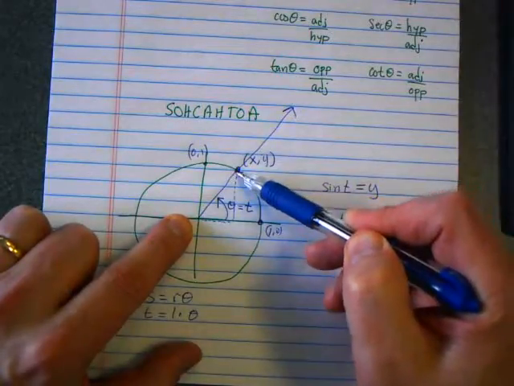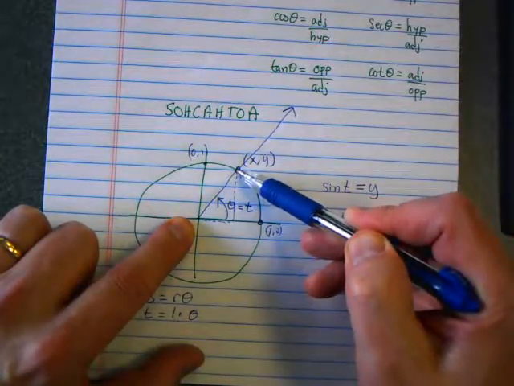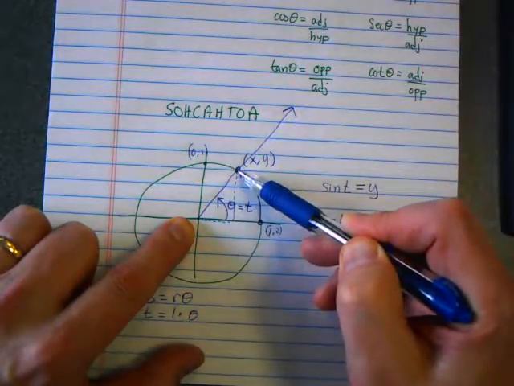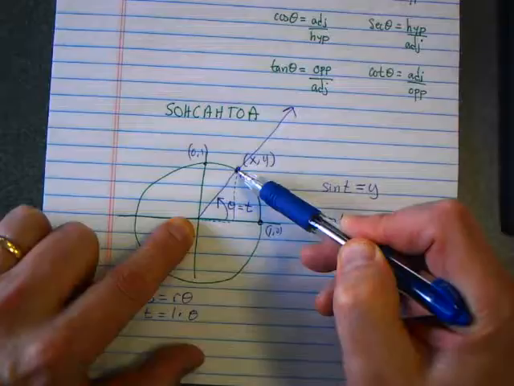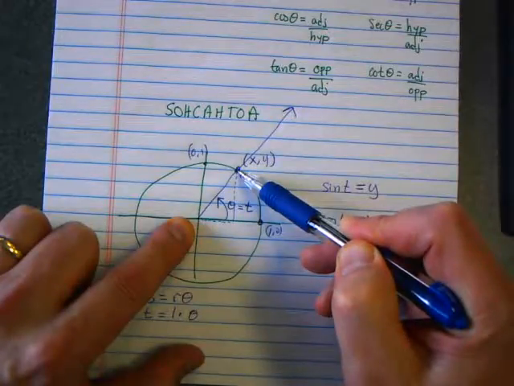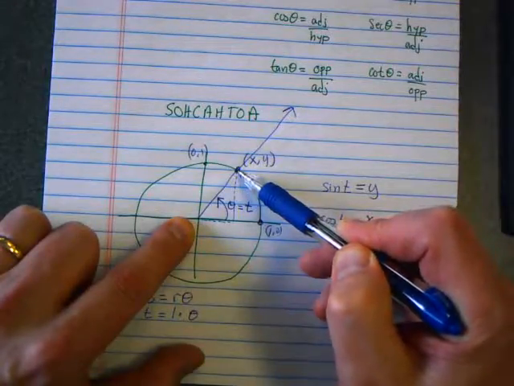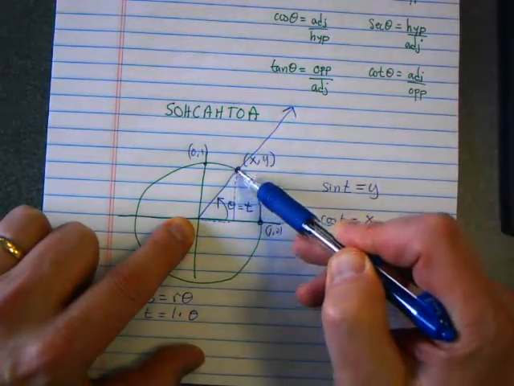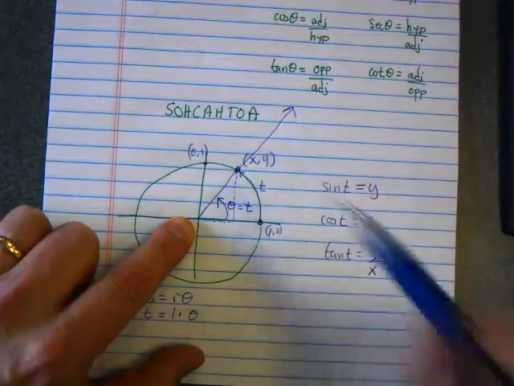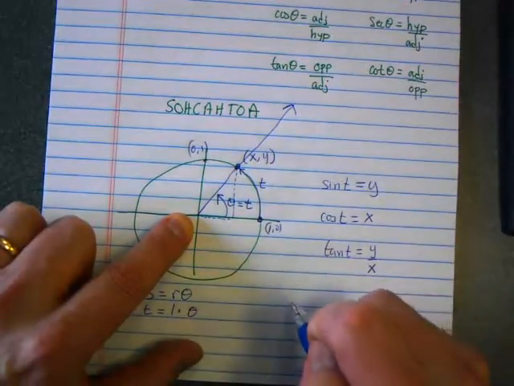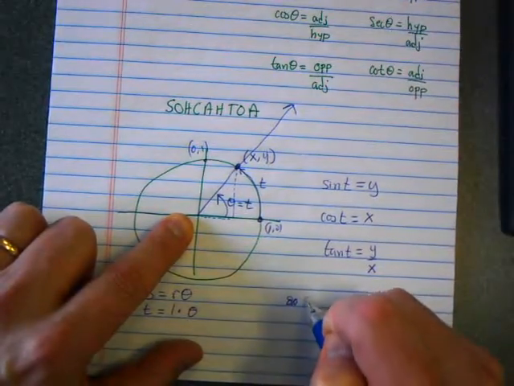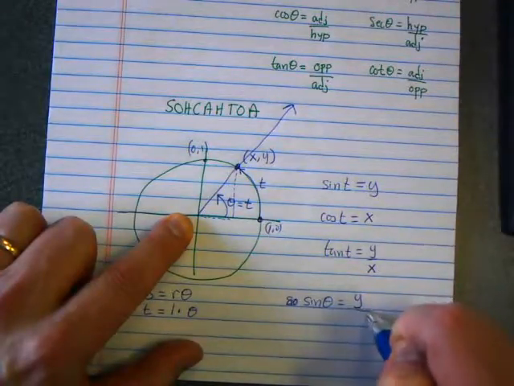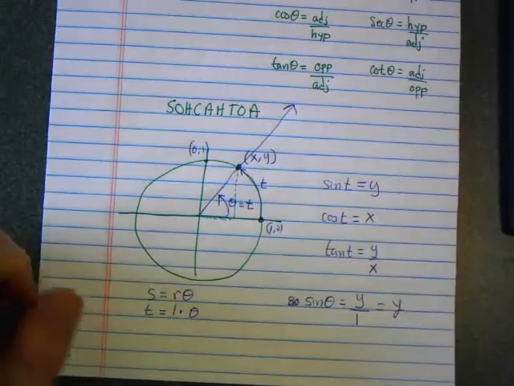And what's the hypotenuse? It's bigger than 0 and smaller than 2. Why is it 1? This is the unit circle, so this hypotenuse is the radius of the circle, isn't it? So thinking of it in terms of a triangle, sine theta is opposite, which is y, over hypotenuse, which is 1. I get exactly the same answer.